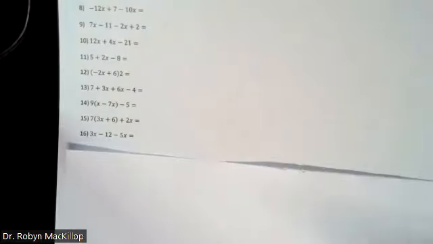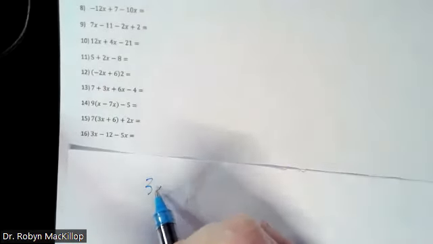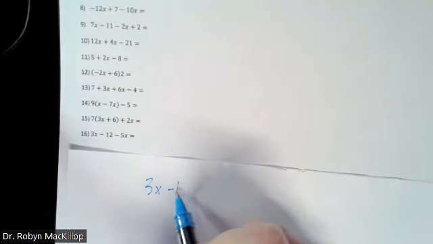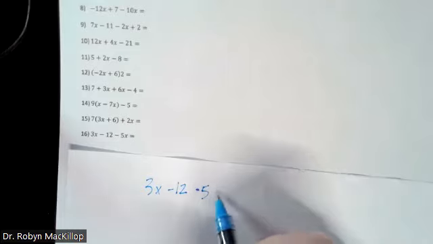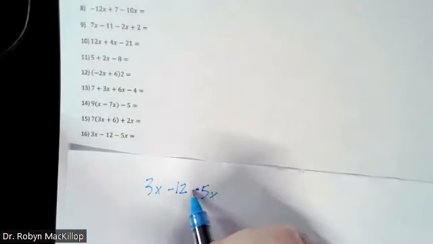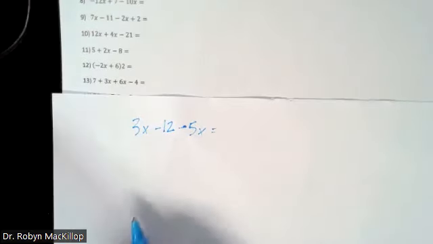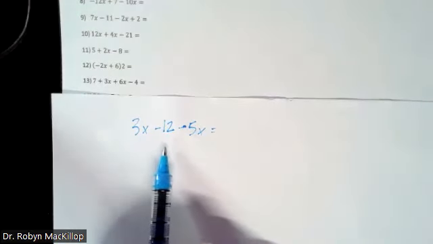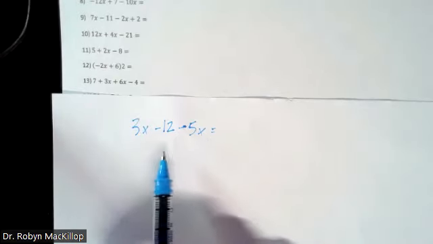Let's do 16. We've got 3x minus 12 minus 5x. This one's a little different, because you don't have something on the other side of the equal sign.